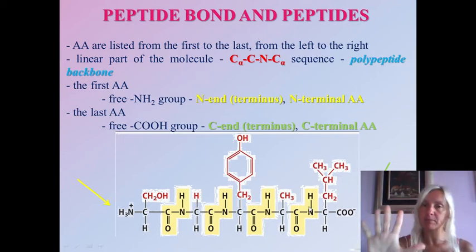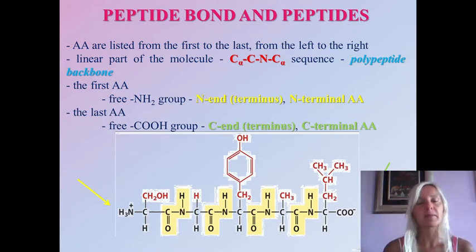So a pentapeptide has 4 peptide bonds. Amino acids are listed from the first to the last, from left to right. So in this sequence, the first amino acid is, if you remember the structure, serine, then this is glycine, this is tyrosine, alanine, and so on.